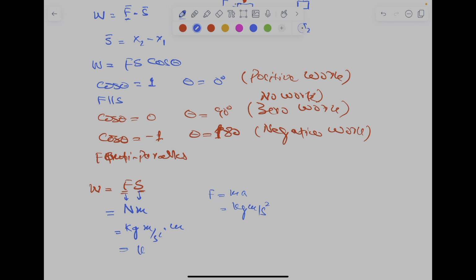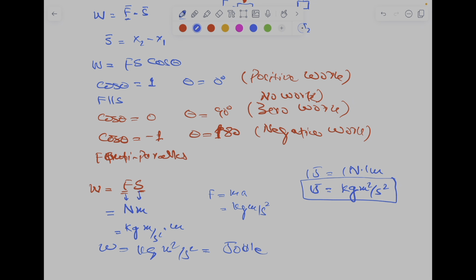So it becomes kilogram meter squared per second squared. This is the unit of work, and it equals joules. Joule is the name of a scientist. So 1 joule is when 1 Newton force is applied on an object and it covers 1 meter distance, and it is equivalent to kilogram meter squared per second squared. So 1 joule.